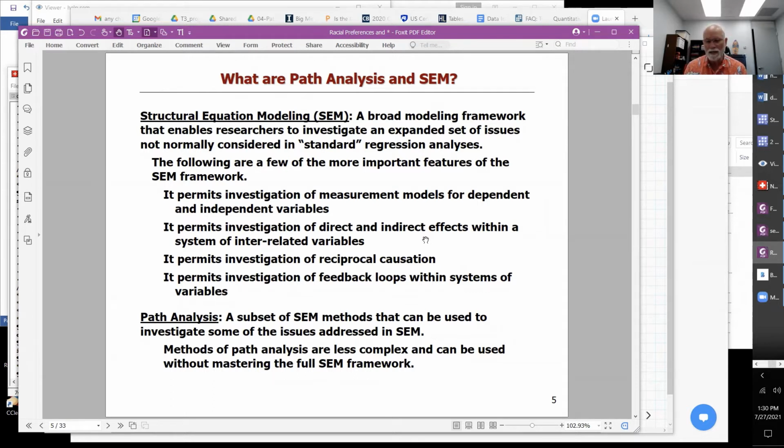But if we take the early steps of structural equation modeling and call that path analysis, then it's something less complex, much easier to learn and apply. So it's a good stepping stone for using the simpler methods and then becoming aware of what's possible with structural equation modeling and moving into that.